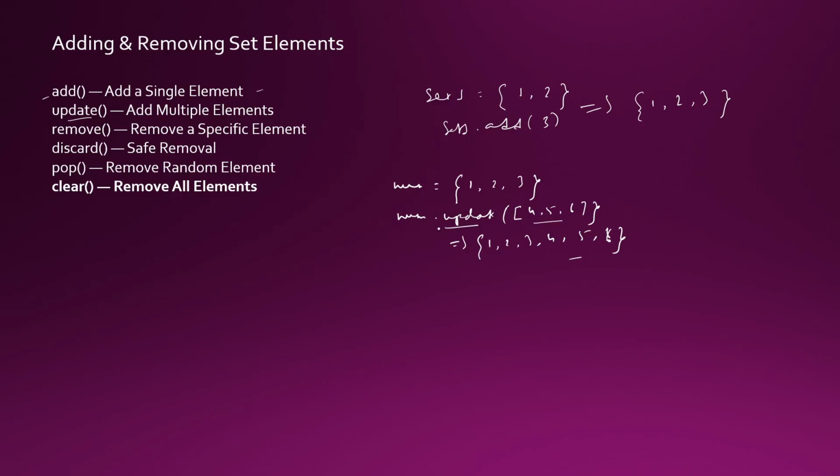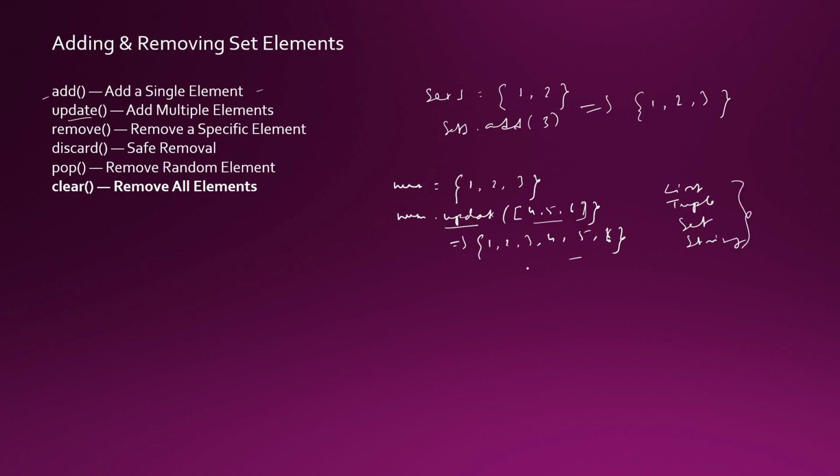But remember, this update function can take a list, as we passed a list, right? It can also take a tuple, it can also take a set, and we can also pass a string. So within this update function we can pass any of them.